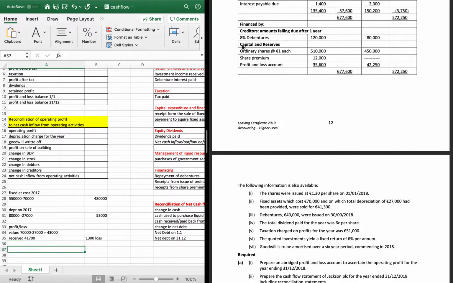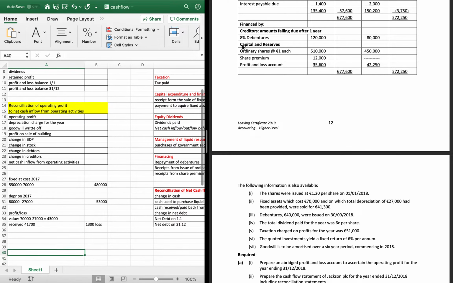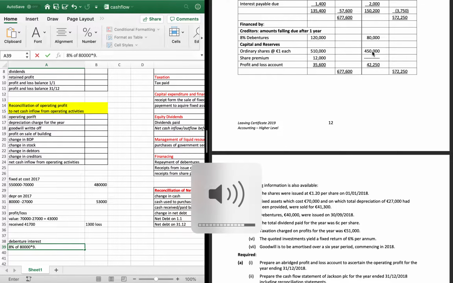So I need to use that information to work out my debenture interest. For the first 9 months of the year, we had 80,000 euros, so it's 8% of 80,000 by 9 months of the year.